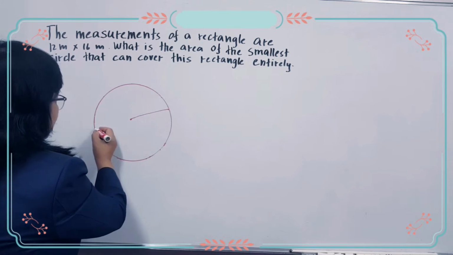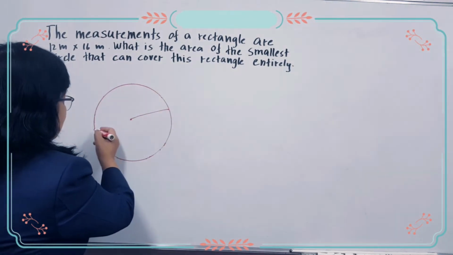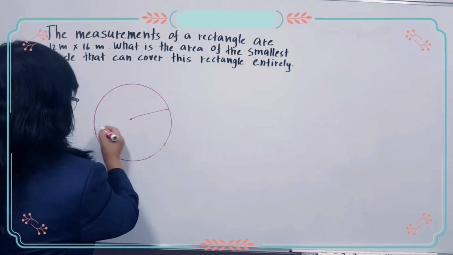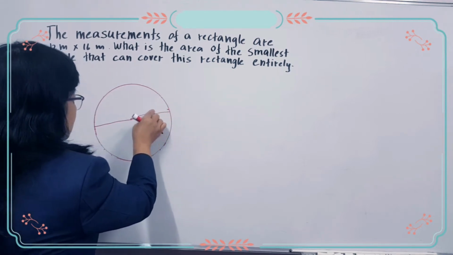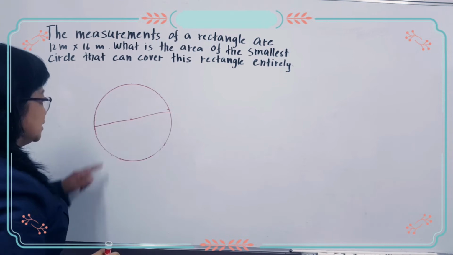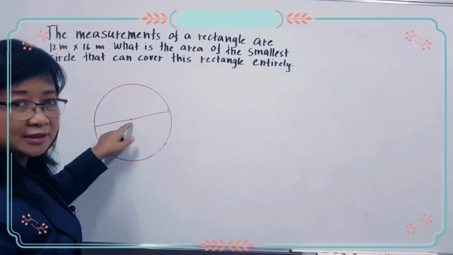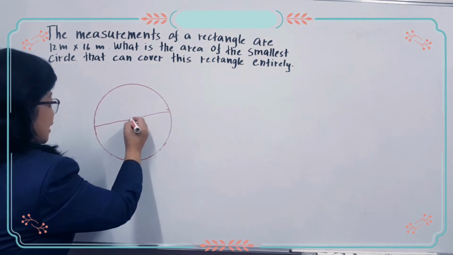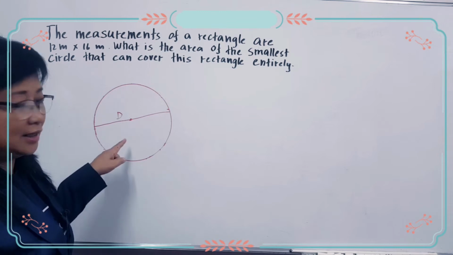Diameter is the distance from one point to another point in a circle, but it will pass through the center of the circle. For example, this is a line from here to this one passing through the center. We call it the diameter of the circle.